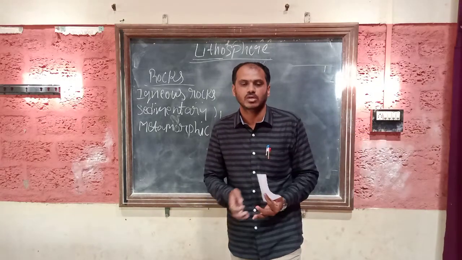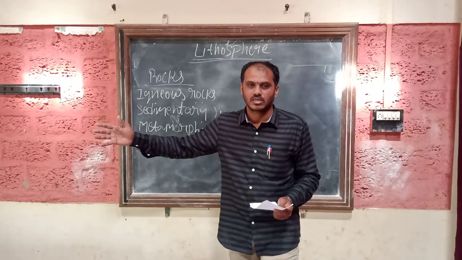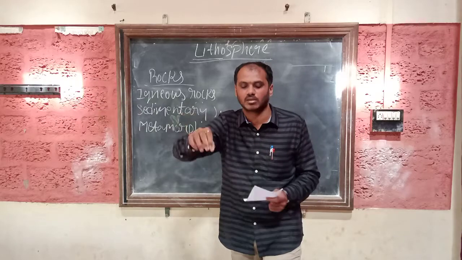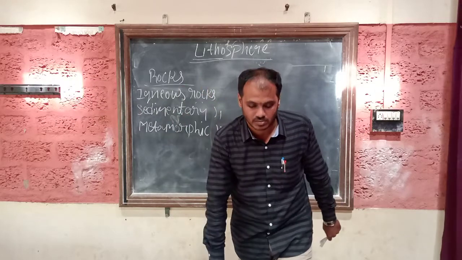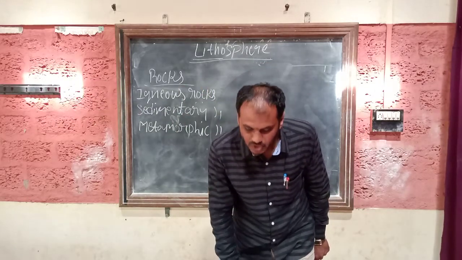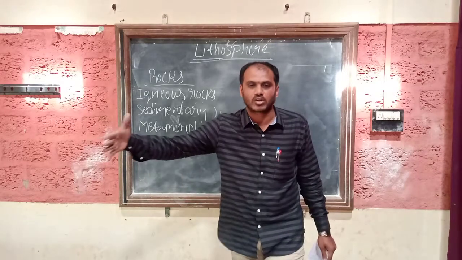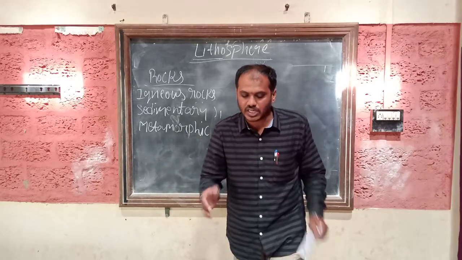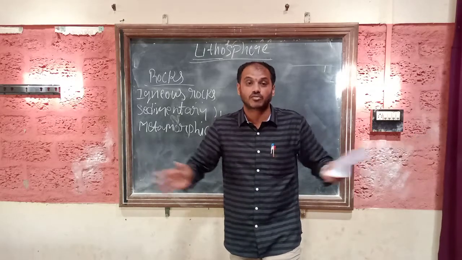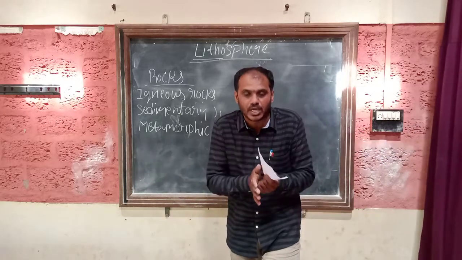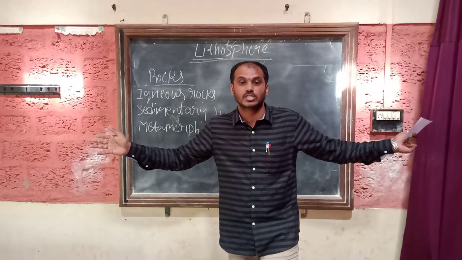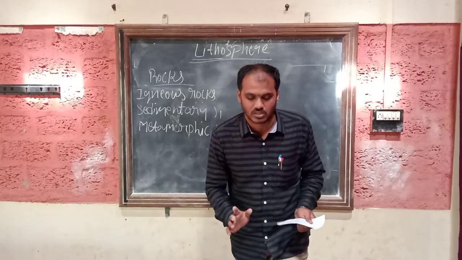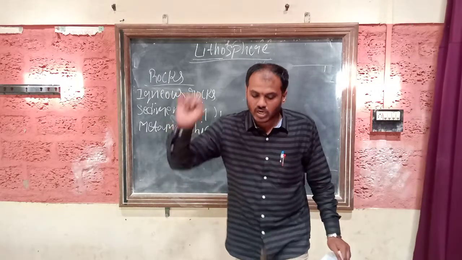So the rocks we see in the rivers are the best example of sedimentary rocks. Therefore, sedimentary rocks are called stratified rocks. These sedimentary rocks are formed after the disintegration of igneous rock, so they are also called secondary rocks.